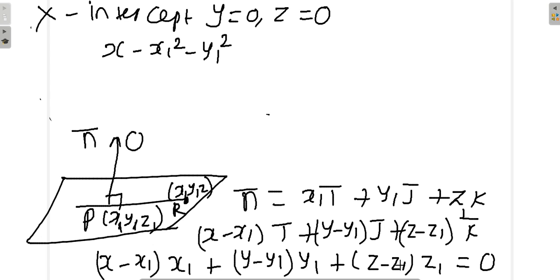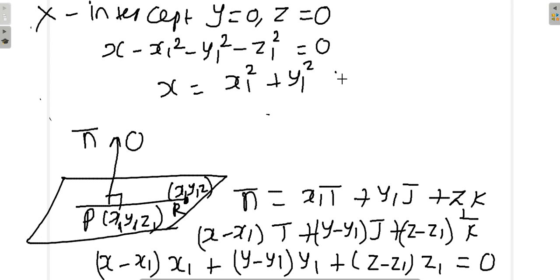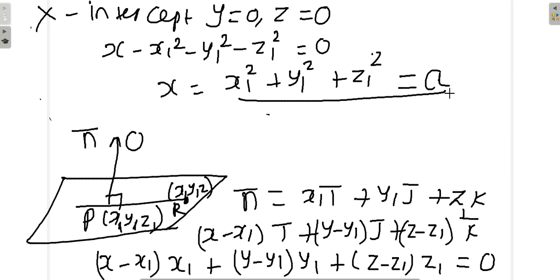If you put z equal to 0, you will get minus z1 square. So the x-intercept is x1 square plus y1 square plus z1 square, divided by x1.